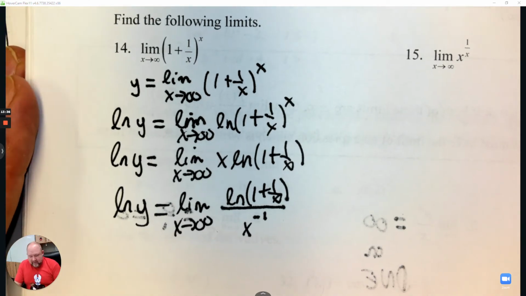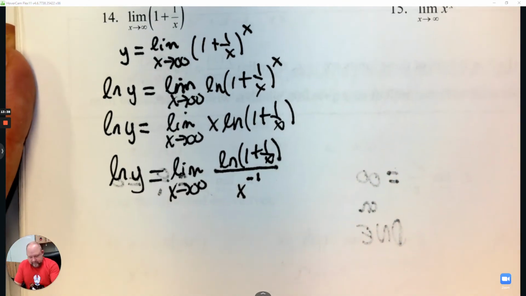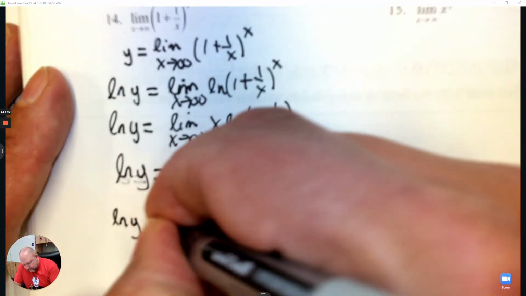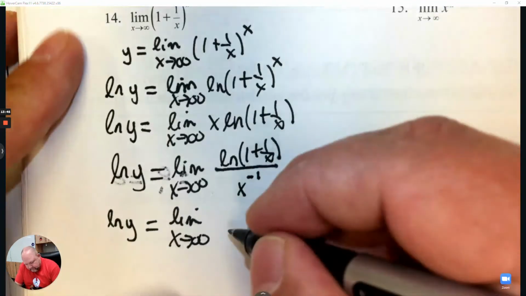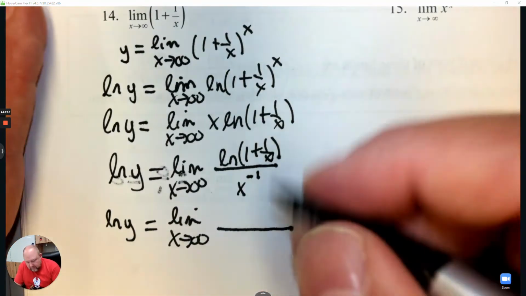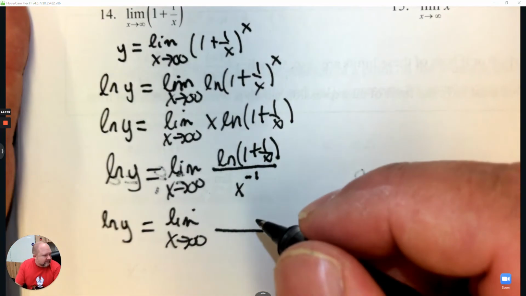So on the right side, we're going to take the derivative. So the derivative here is what you see.